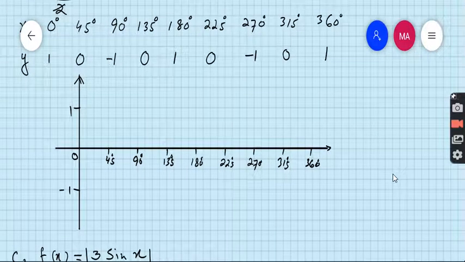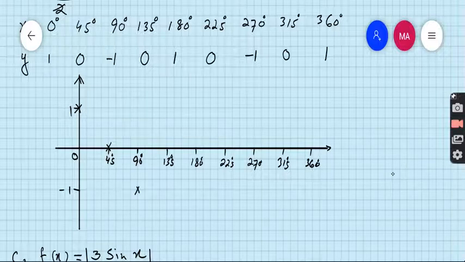Then make the x and y axes and plot the points. For x is 0, y is 1. When x is 45, then y is 0. When x is 90, then y is minus 1.